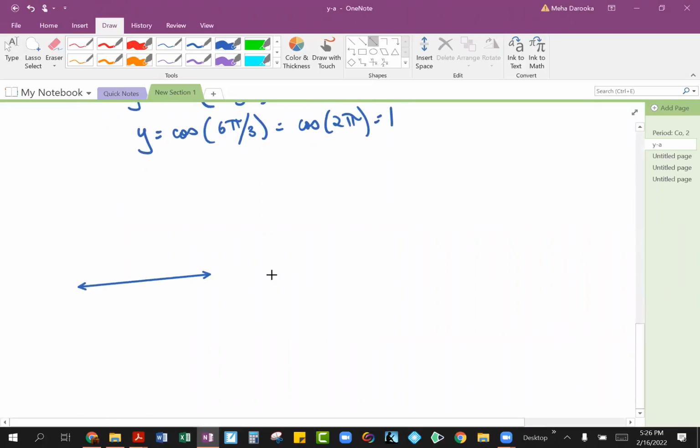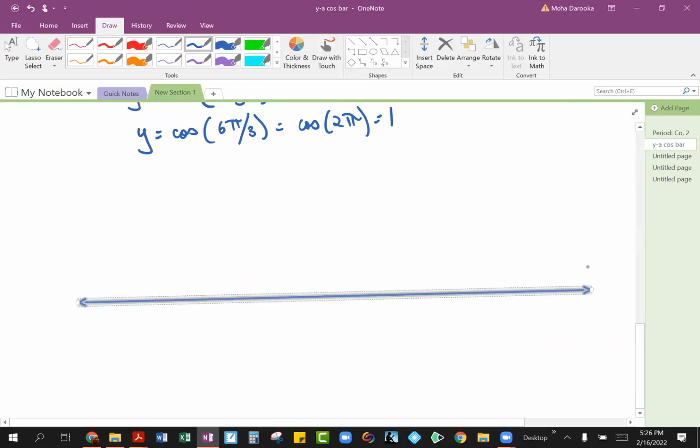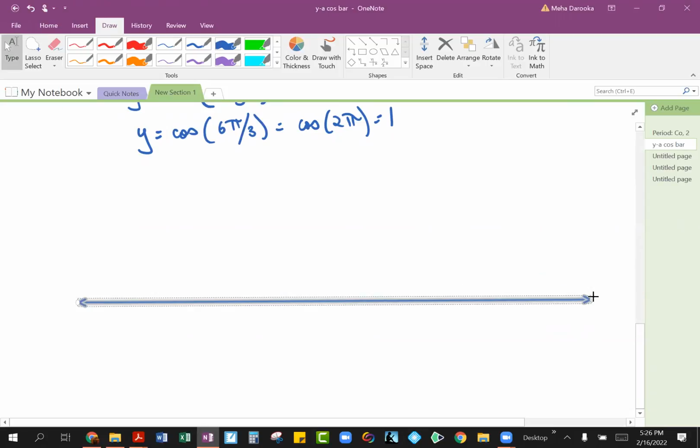So let's do a quick graph over here. I guess this guy needs to go. And since we're going from an interval of 0 to 6 pi, we're not going to do negative for now, and we're just going to do one interval just to show you what the shape looks like.